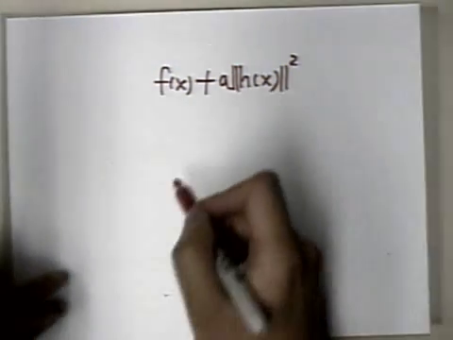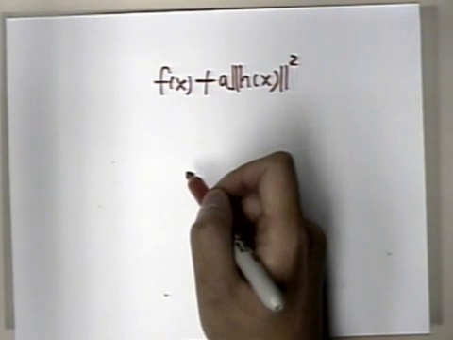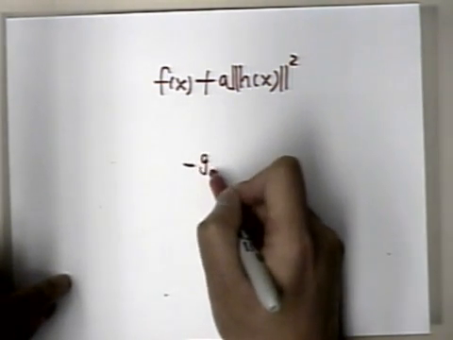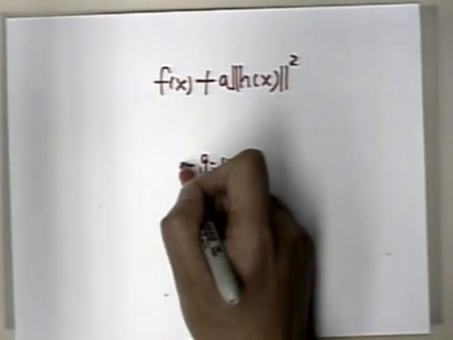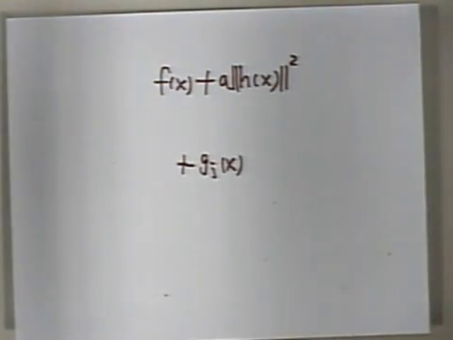For instance, I will write down something like minus gj of x, for any j. If g is negative, then this should be positive, then it satisfies the constraint, right? On the other hand, if it is positive, then it will violate the constraint, right? So for instance, you may say, if I just say plus this, would that work?